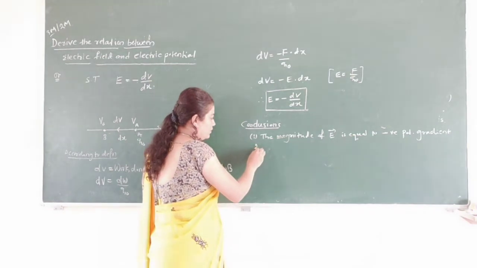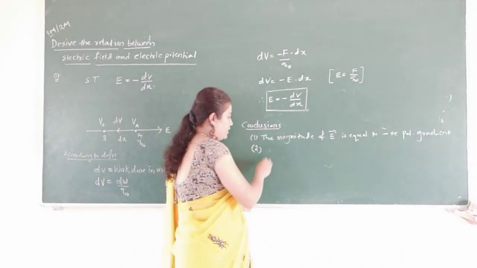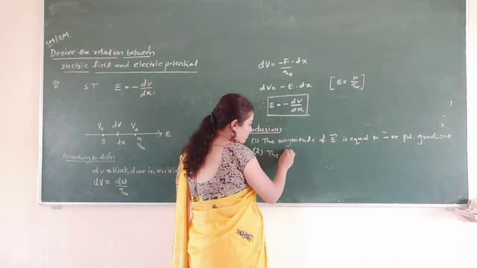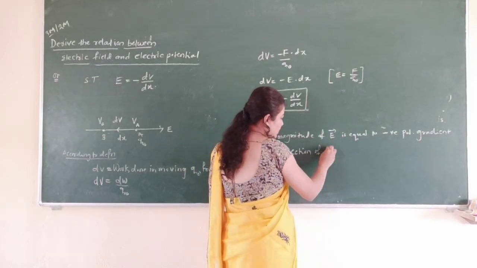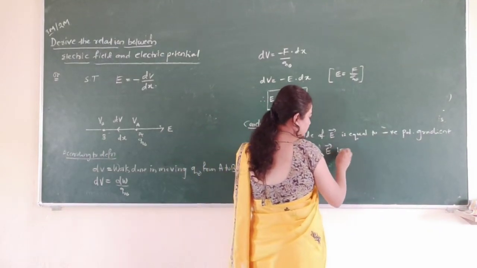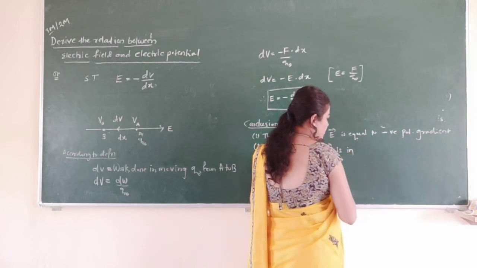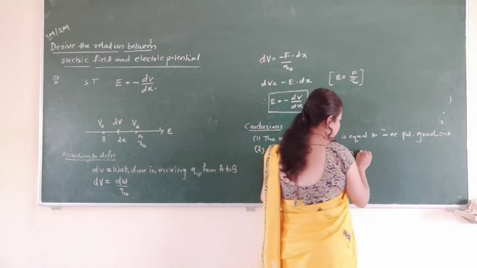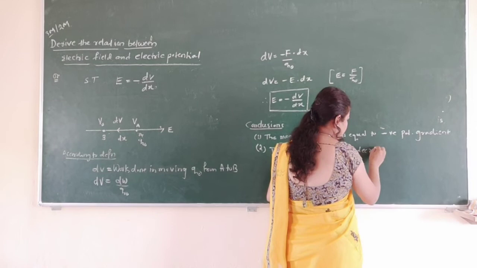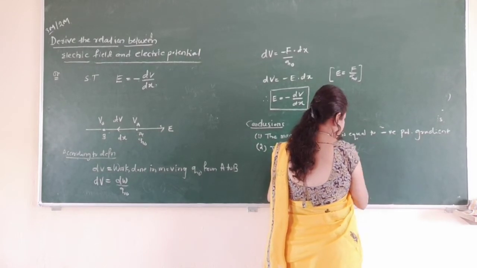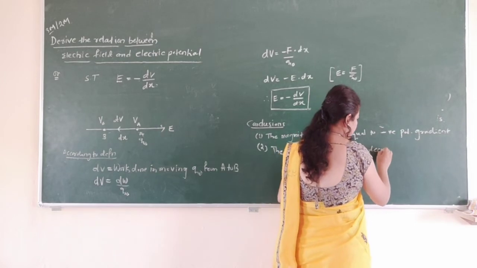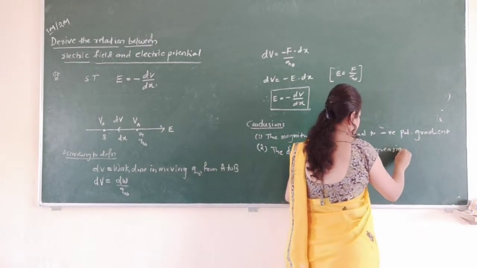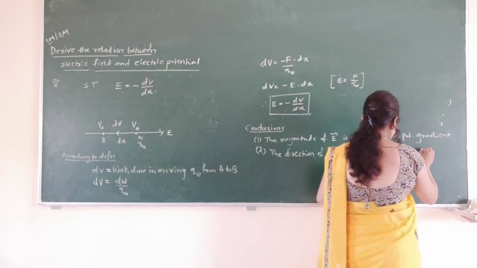Second one, the direction of electric field is along the decreasing value of potential, along decreasing potential.